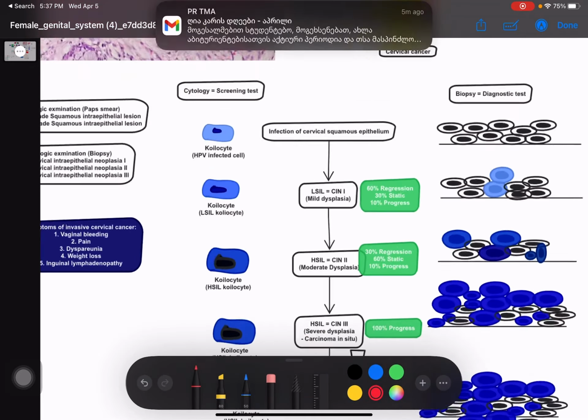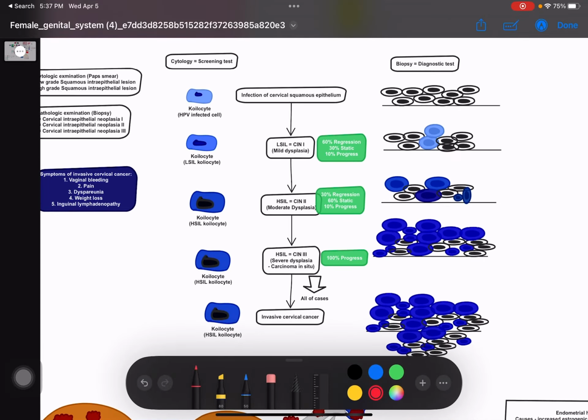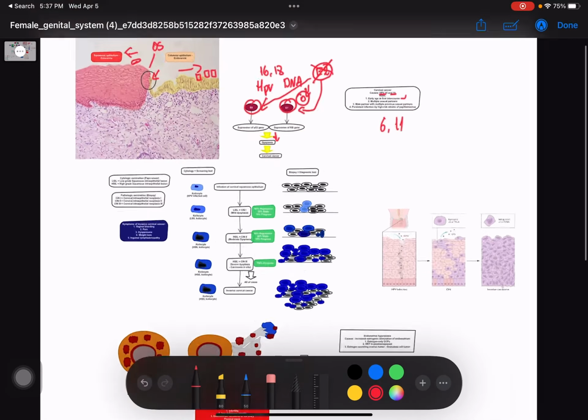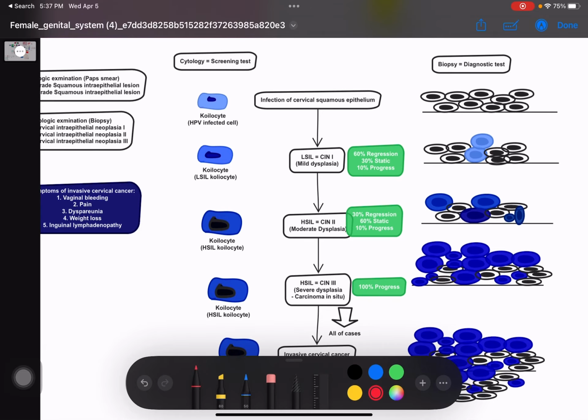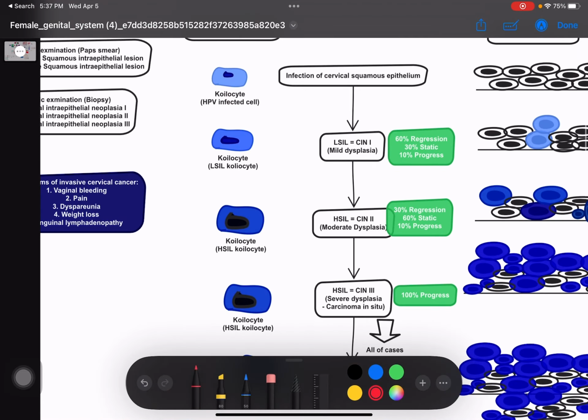Okay, so for the pathological differentiation, the grading of this dysplasia is done in two ways, right? The newer one is a two-tier system: low-grade squamous intraepithelial lesion and high-grade squamous intraepithelial lesion, right?